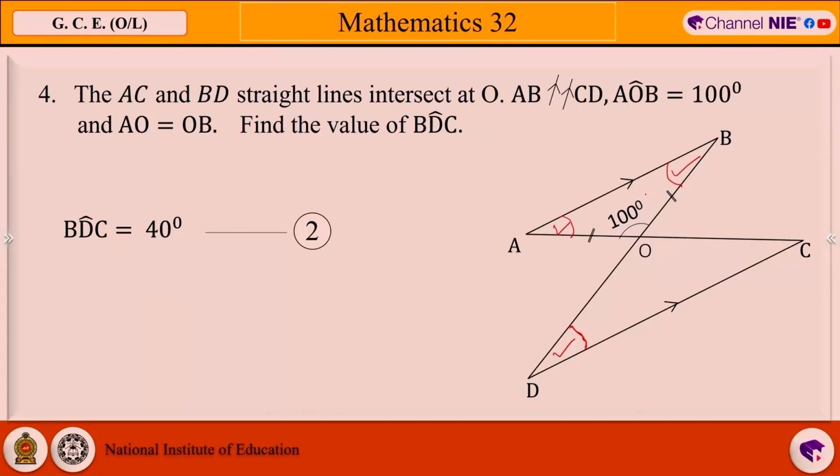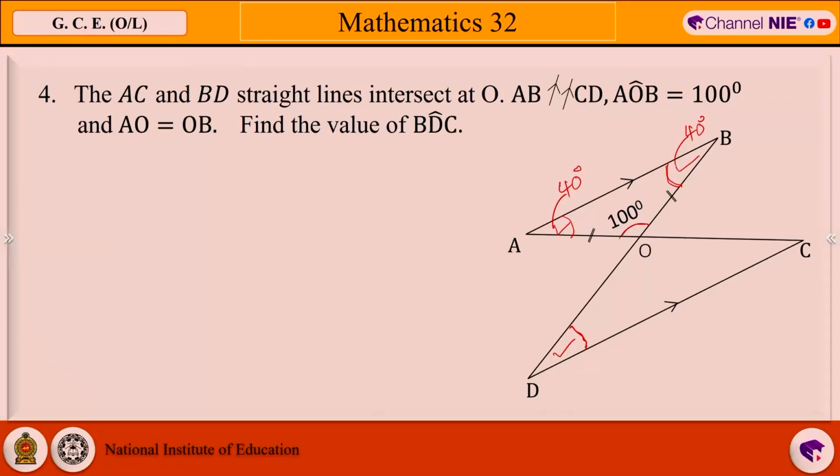Because you know that the sum of the interior angles of a triangle is 180 degrees. Since the sum of OAB and ABO angles equals 80 degrees and they are equal in magnitude, one should be 40 degrees, isn't it? So, this is 40 degrees and this is also 40 degrees.